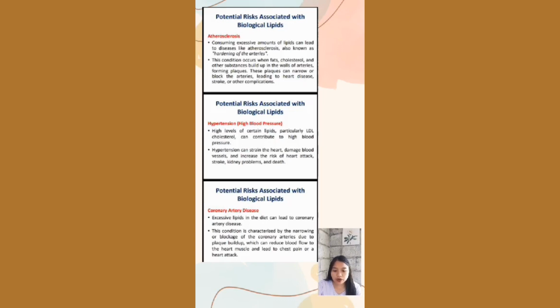This condition occurs when fats, cholesterol, and other substances build up in the walls of arteries, forming plaques. These plaques can narrow or block the arteries, leading to heart disease, stroke, or other complications.